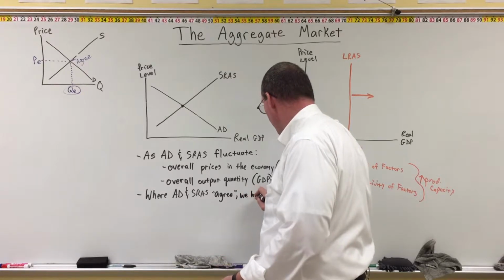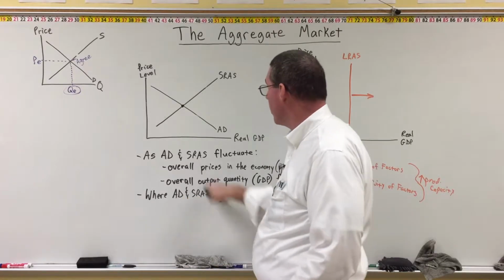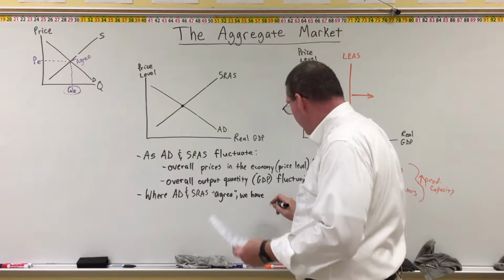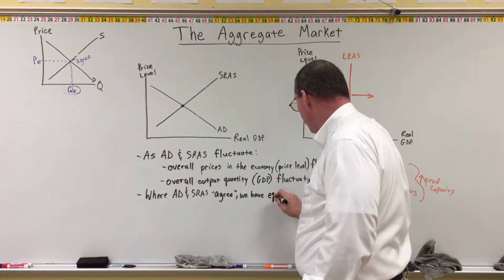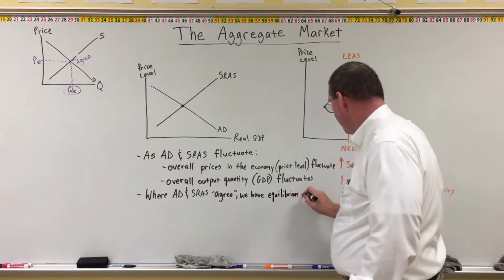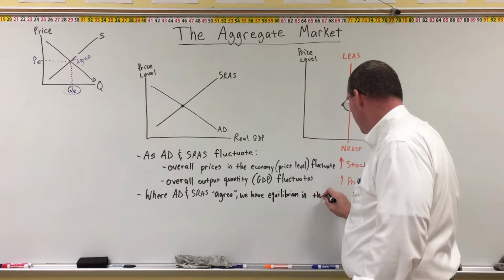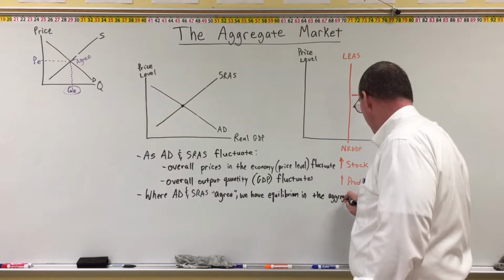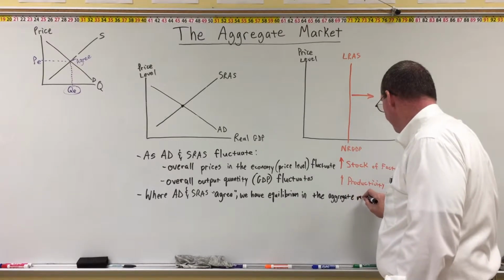Meaning, where they agree is where they intersect, right? We have equilibrium in the aggregate market.